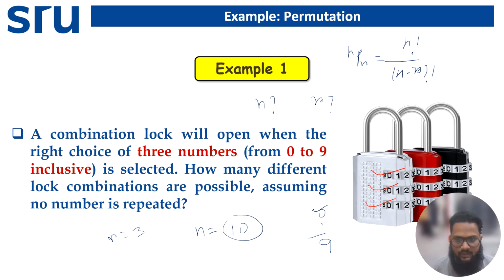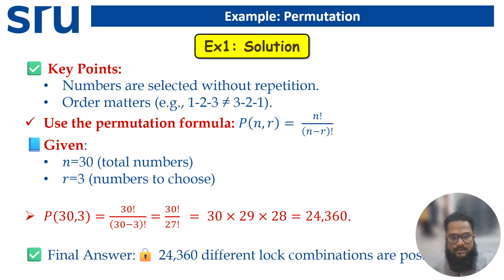Okay, so the value of n will be 10 and the value of r will be 3, right? Now if we put them in the formula, you get this, as I discussed. The total number n will be 30, because in one circle the numbers were 0 to 9, which is nothing but 10.